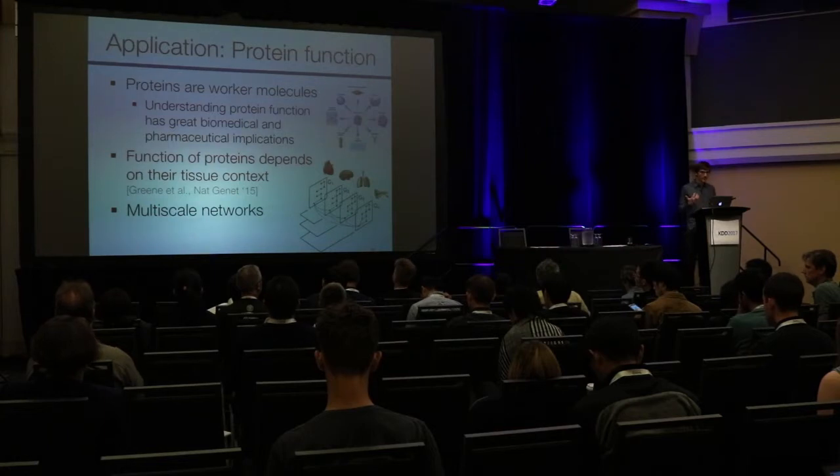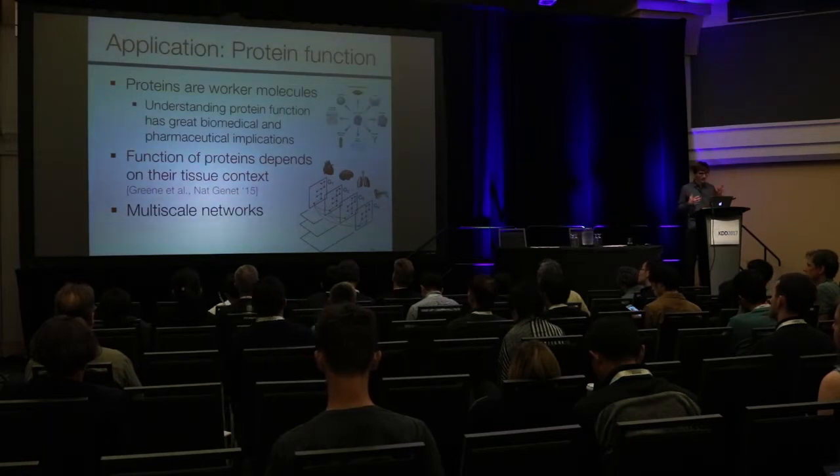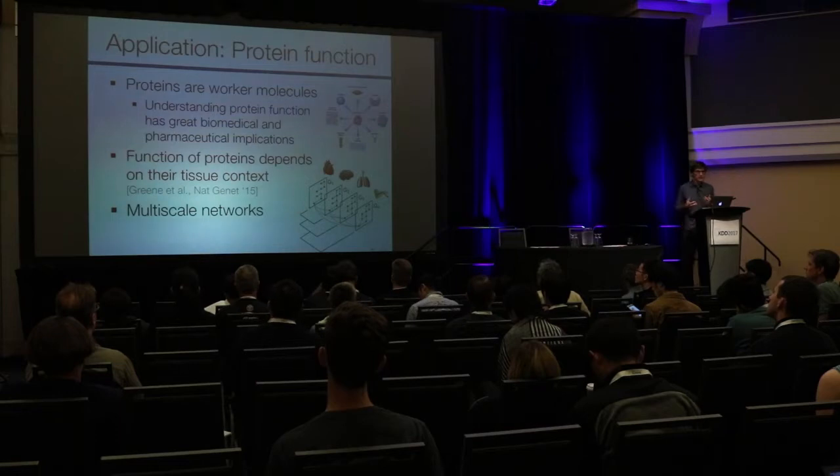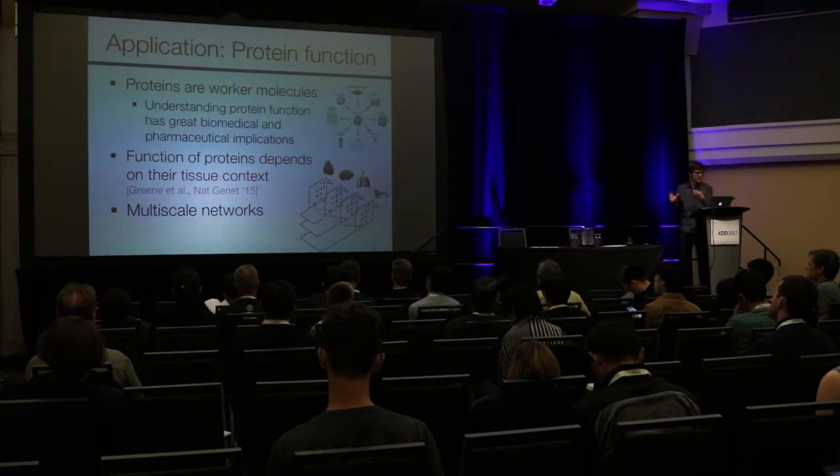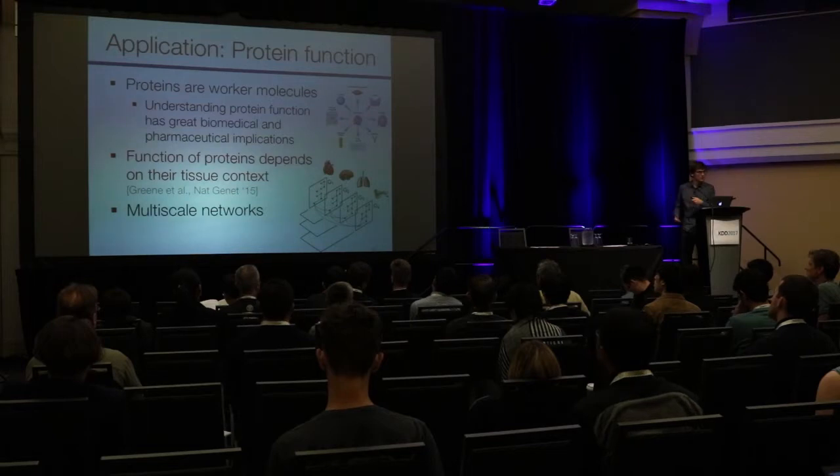The way we will think of this is the following. Here are different tissues: lung, heart, brain. For each tissue, we will have a tissue-specific protein-protein interaction network. Each network will have the same set of proteins, but the interactions will be different because they are tissue specific.